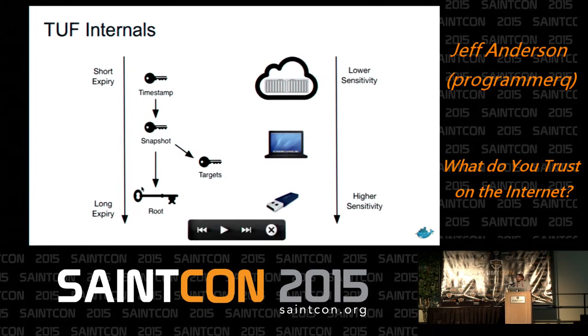The Update Framework defines these different roles for keys. So for a TUF repository, there's a concept of a root key. Every single key that comes out of this TUF repository will be signed by the root key. The root key is the one that I'm going to want to take and have offline and lock in a safe.